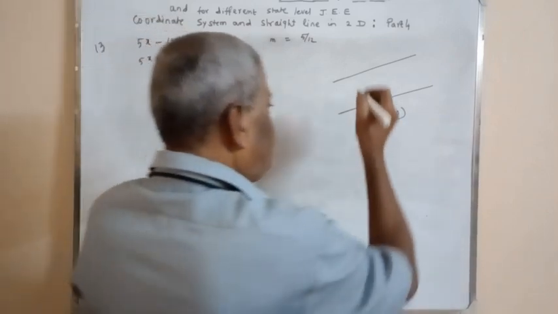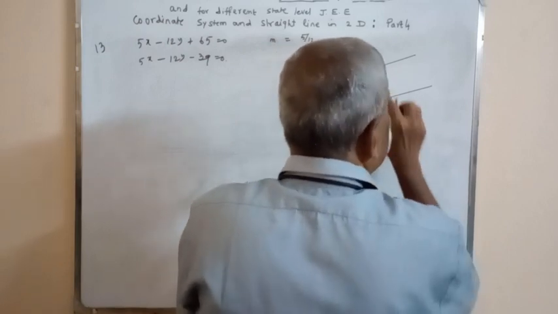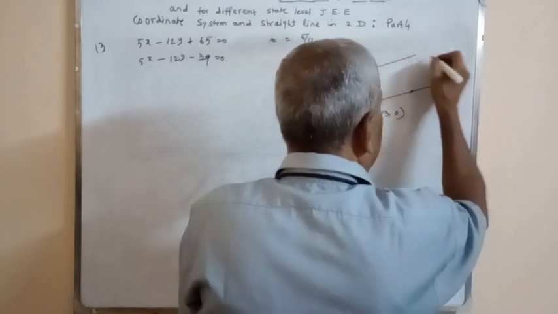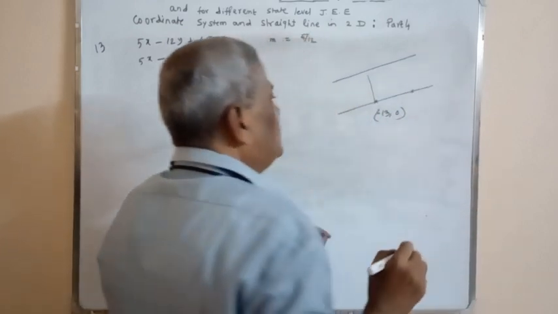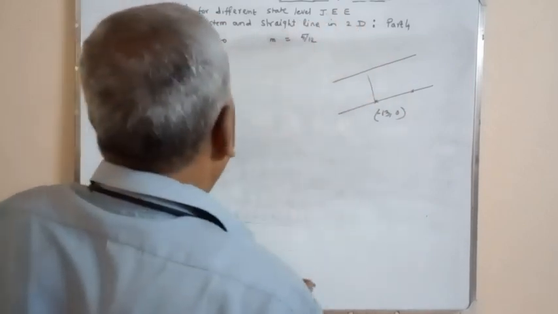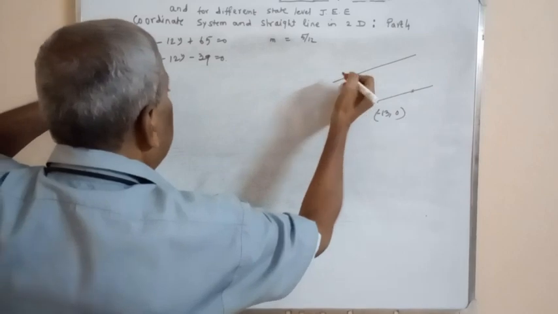So its perpendicular distance from that point is the same from any point to that. So we have to find the perpendicular distance from this point to that straight line.